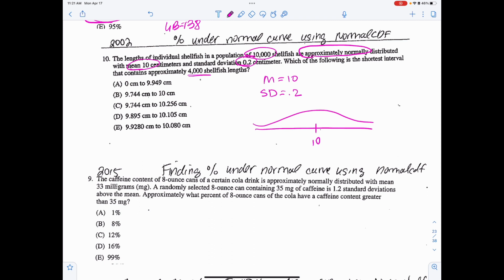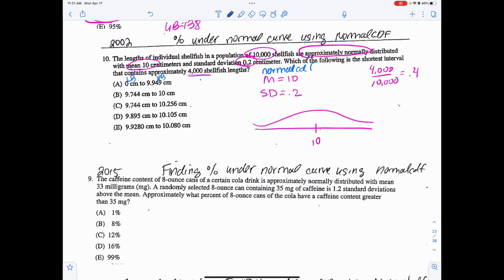I want 4,000 shellfish, so 4,000 out of the 10,000 is about 40%. You can go through and do every single one like this. If you're not sure how to do it, here's an alternative way. Normal CDF, the way we just talked about, mean 10, standard deviation 0.2. For all of these, you could try lower bound, upper bound. You could try each one and see which gets you 40%.